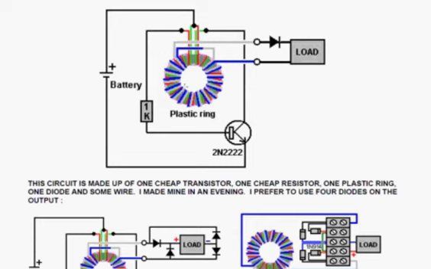Now, this toroid is not a fancy ferrite toroid. This is a big plastic ring. The one that I used was about 8 inches in diameter and about 1 inch across. And I wound it with wire that was available from the local hardware shop.